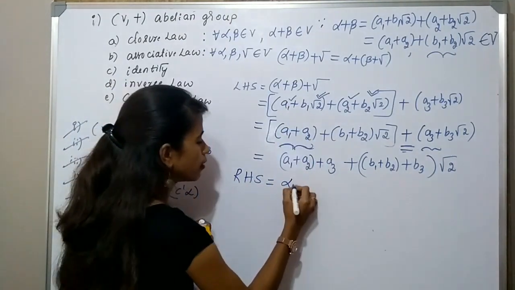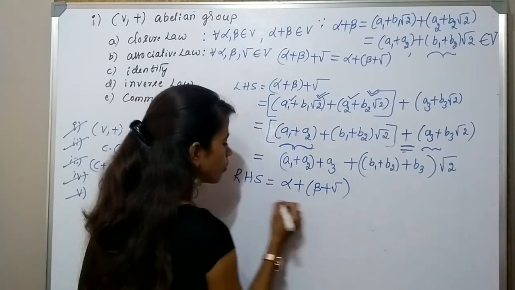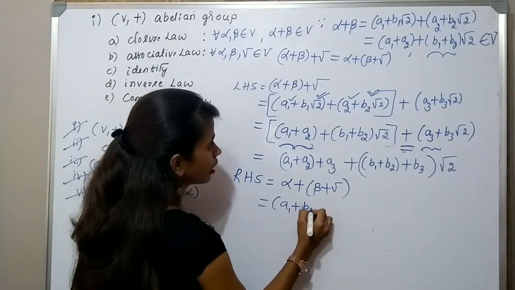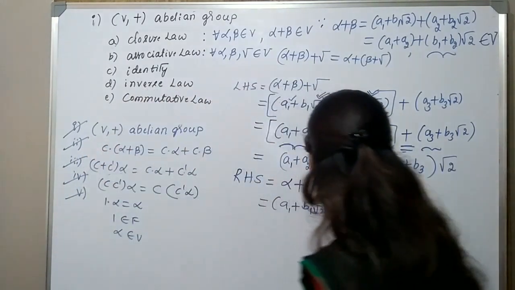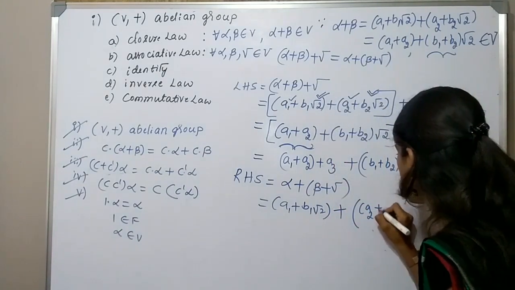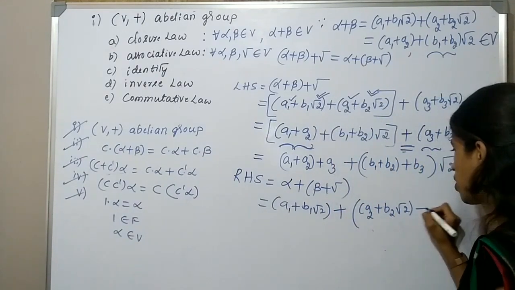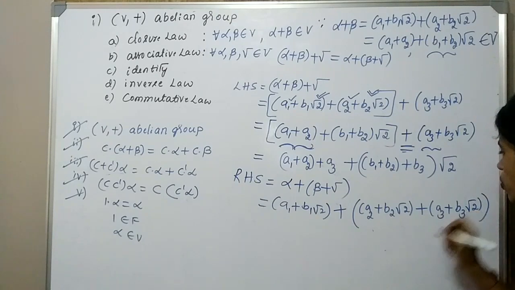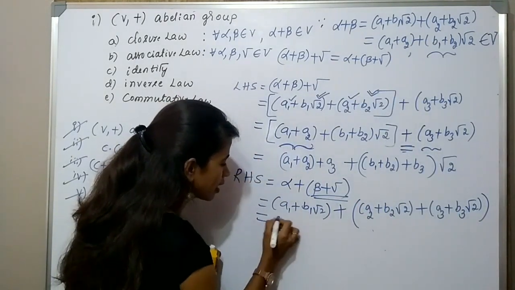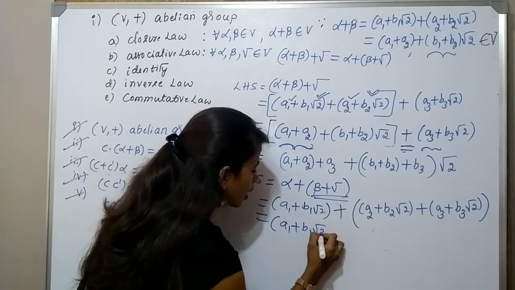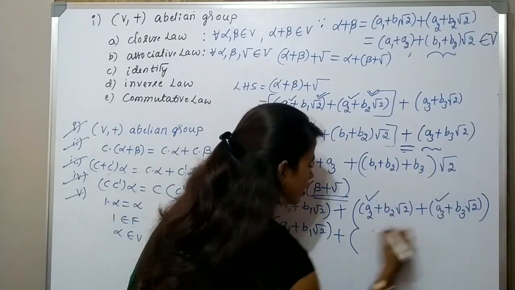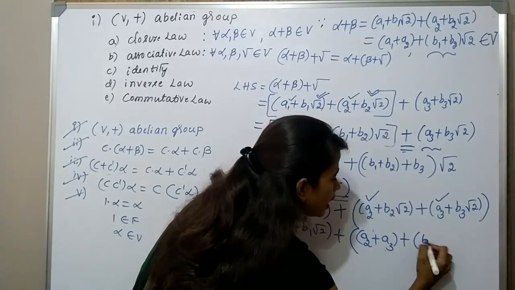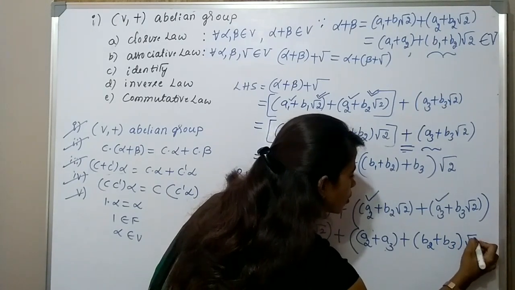Take RHS, alpha plus beta plus gamma. From this, alpha is A1 plus B1 root 2. Next, beta is A2 plus B2 root 2, plus gamma is A3 plus B3 root 2. So first simplify the elements within the bracket. Take A2, A3 one side, that is A2 plus A3, plus B2 plus B3 root 2, common for both.